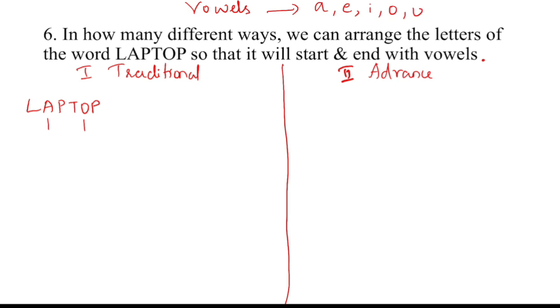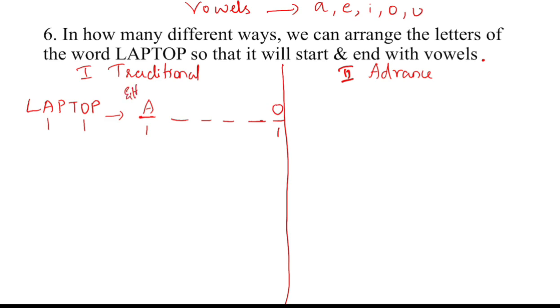So this laptop should be arranged such that the first letter and the end letter. So how many letters are there? 6. 1, 2, 3, 4, 5, 6. 6 letters are there. So the first letter and the last letter should always be a vowel. Okay. It should be A here, O here. Okay. This is one condition.